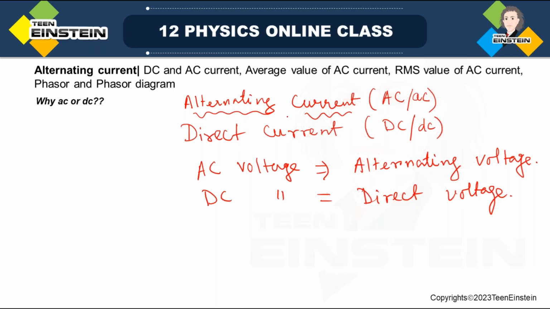Obviously, there are instruments which are run by direct current, but in the modern age, almost all electrical appliances are run by alternating current.